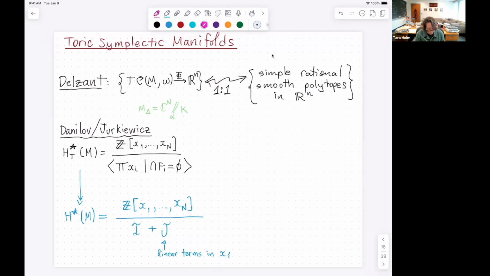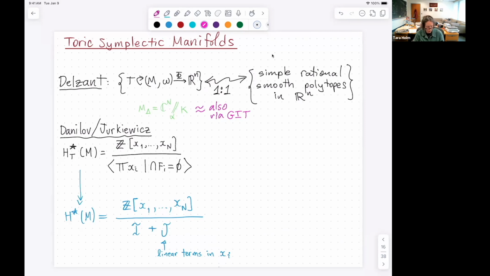I can produce this manifold as a symplectic reduction, but it is also a GIT quotient, a geometric invariant theory quotient in algebraic geometry, and that's where Danilov and Jurkiewicz were really coming from. But their theorem, you can also give a nice description in the symplectic category.